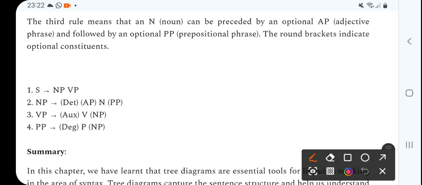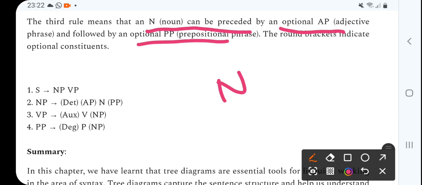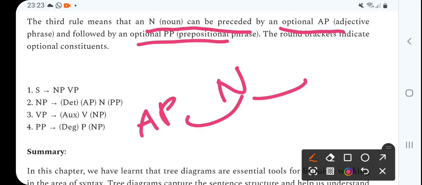Important information. So a noun phrase can be preceded by an optional AP and followed by an optional PP, but always take care that the head is a noun, right? So the noun can be preceded by AP, adjective phrase, and followed by PP, prepositional phrase.